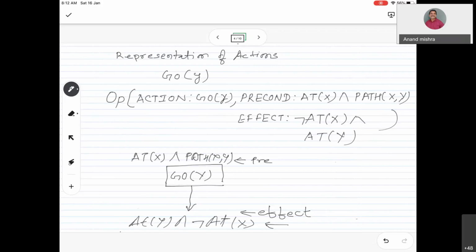What remains is the same. Here, At(Y) is added and At(X) is deleted, but path XY is still true. After executing this operation, there is still a path between X and Y. So that's a representation of an action.